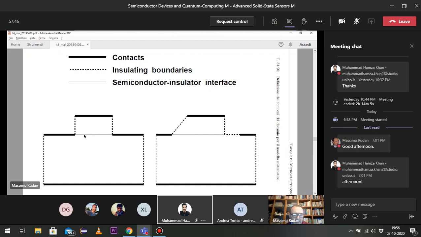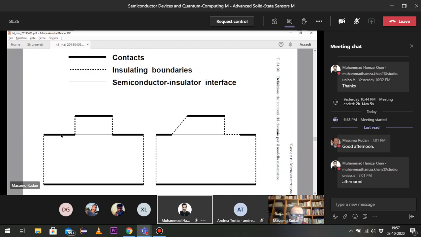This thin continuous line is an internal boundary, because it is the interface between the insulator that is on top and the semiconductor that is below. And finally, we have the two lateral boundaries of the device. They are also to be considered insulating boundaries because, if you remember, in the functioning of the MOS transistor, the current can flow only between source and drain.